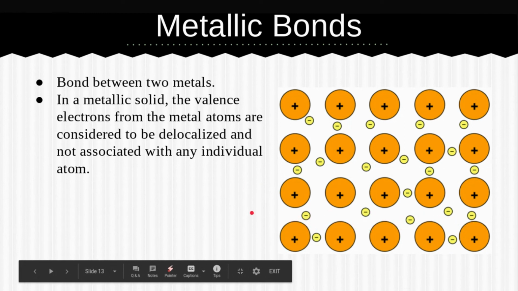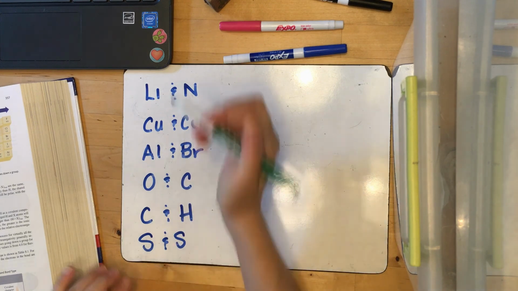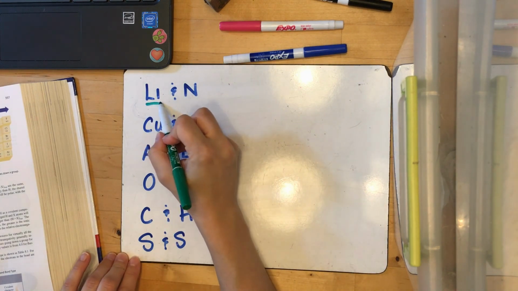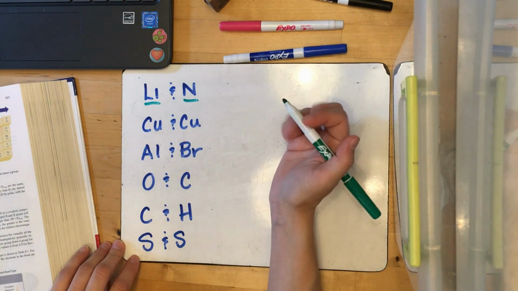In this example, we're asked to figure out the bond type for each pair of atoms. So the first thing we can do is look for ionic bonds because we know that that will contain a metal as well as a nonmetal. So we see in this first one, we have lithium, which is an alkali metal, and nitrogen, which is a nonmetal.